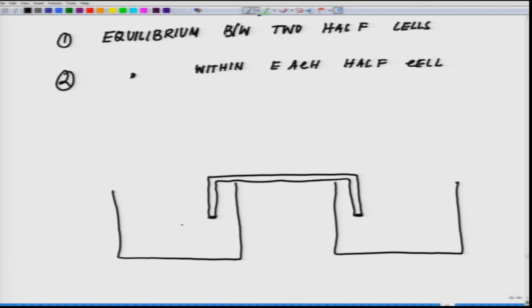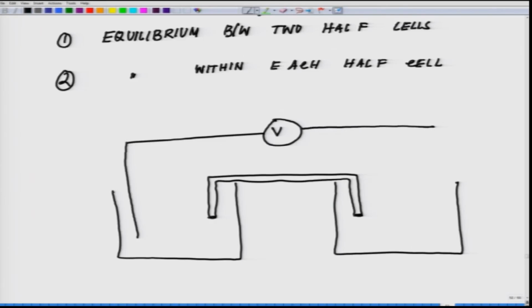You have a salt bridge connecting them, and you have a voltmeter connected there, and on your right hand side you have silver electrode, which is AgCl electrode. Okay.